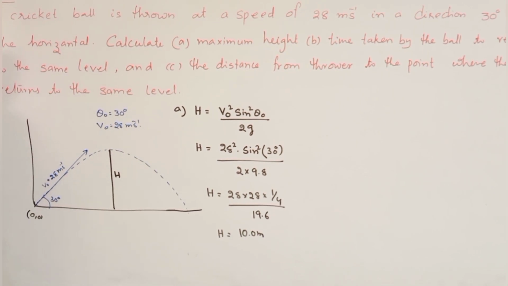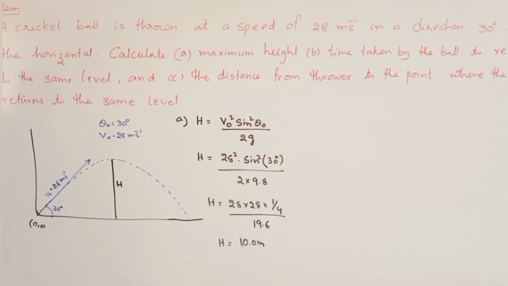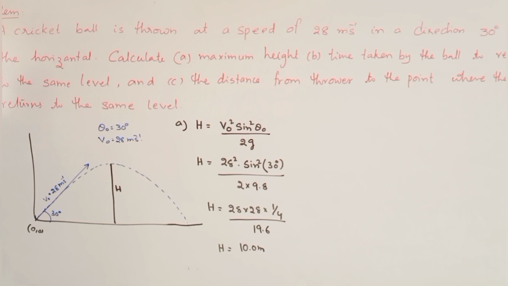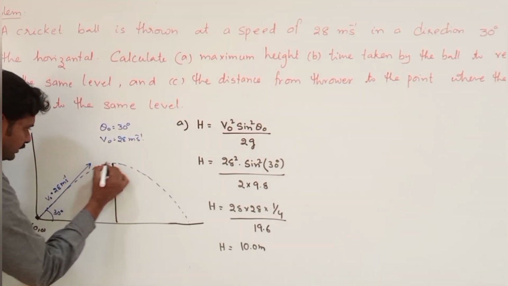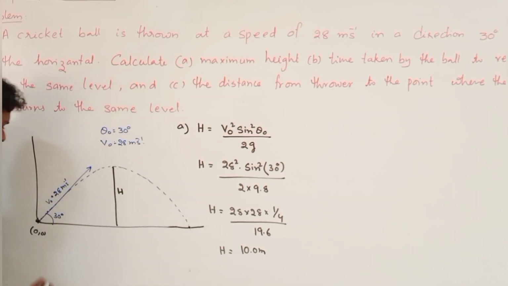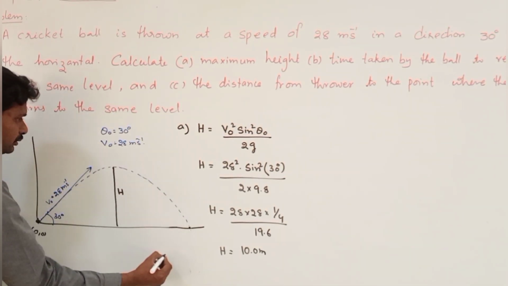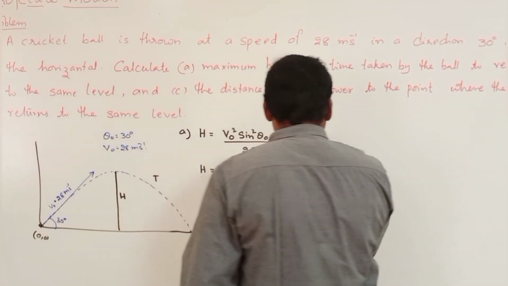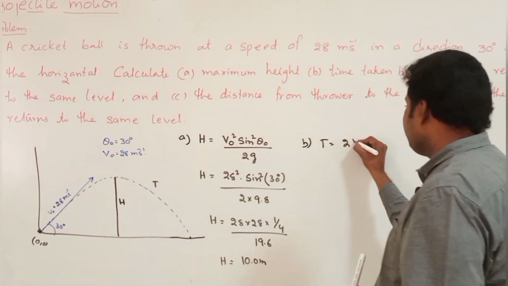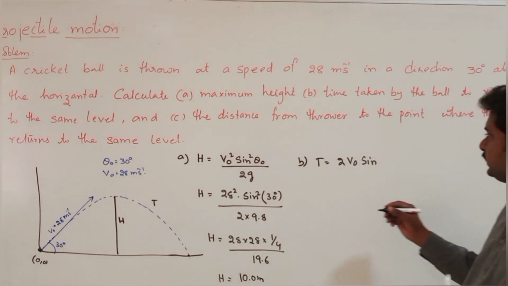Next, what is the time taken to return to the same level? The ball has started from here and reaches the point at that level. So what is the total time? That is the total time, which is called the time of flight.